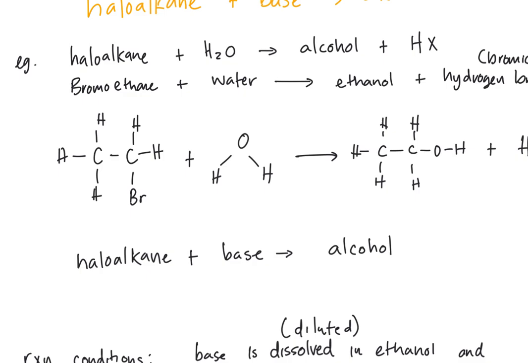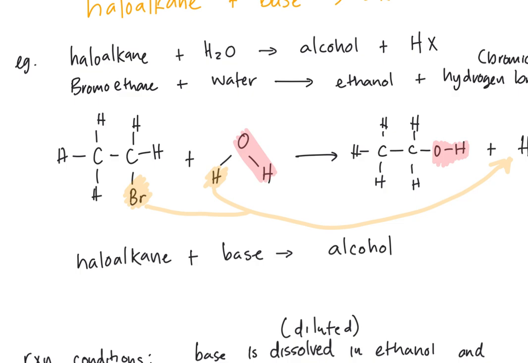Okay, so let's look at where the molecules are actually coming from. So your bromine is over there and a hydrogen, and that's going to give you your hydrogen bromide, and your water over here is going to give an OH, so you can get an alcohol out of that.